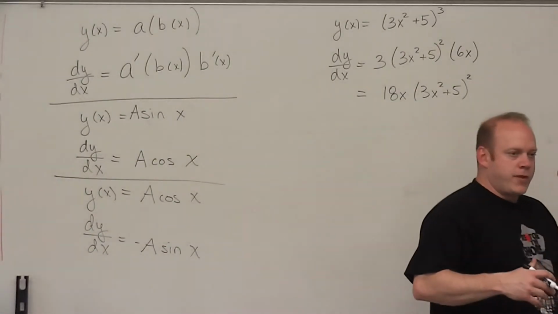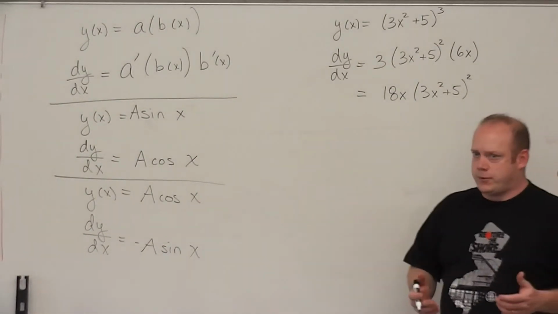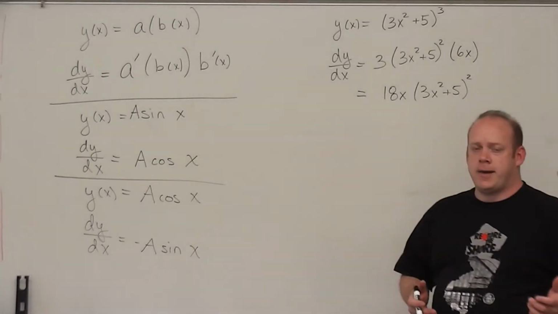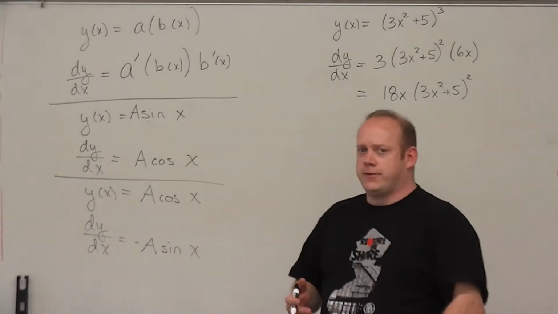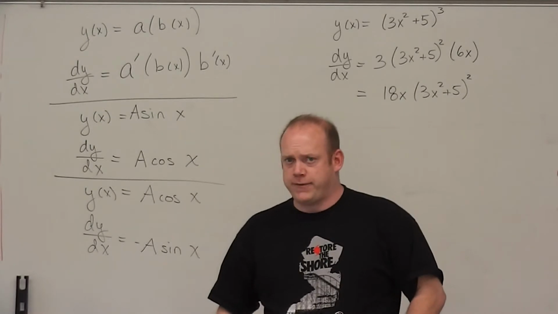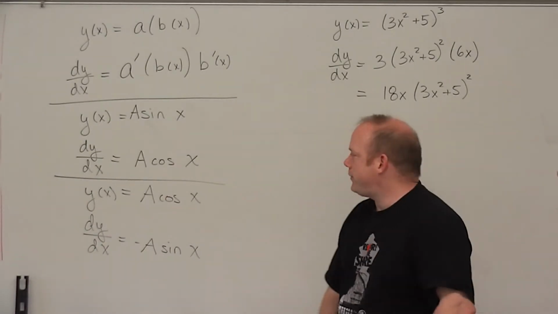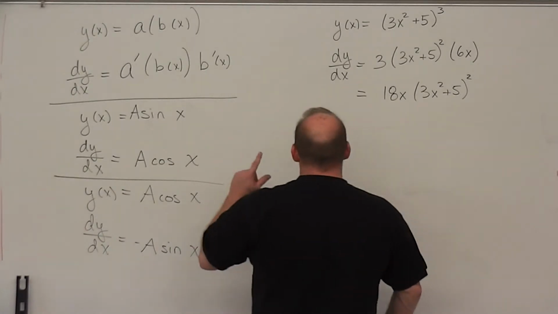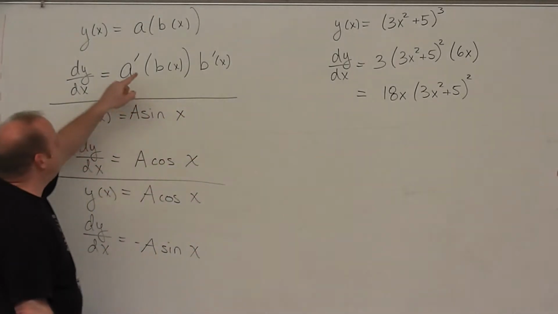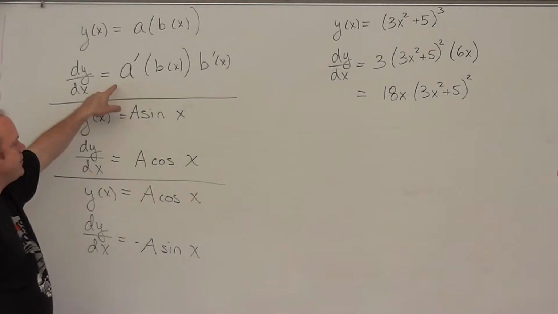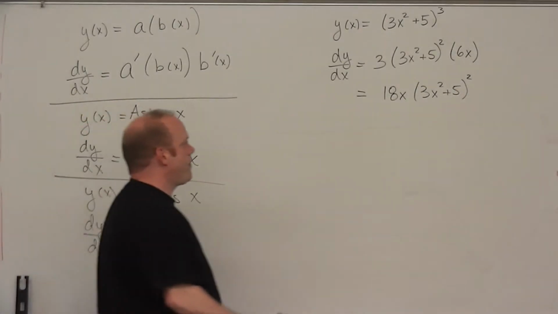Say your position x is equal to 5 cosine of 8t, and we want to figure out what the velocity is. So we have to look at a little bit more of a general case. This is where being able to do the chain rule comes in handy.